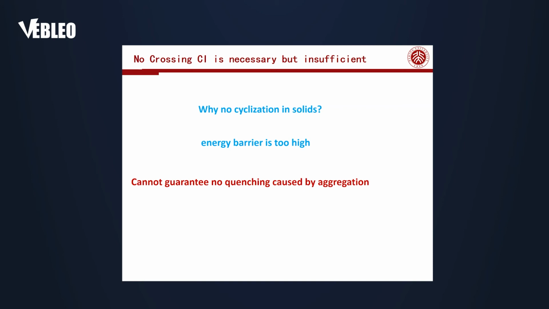However, even though in the solid the molecule cannot go through a conical intersection, which only means that it does not dissipate electronic energy very quickly, this cannot guarantee that the molecule does not go through the aggregation-caused quenching effect.